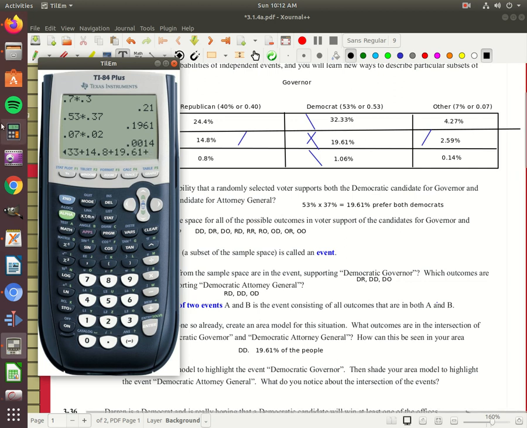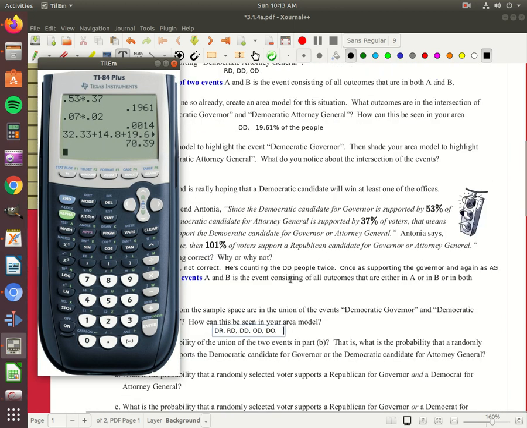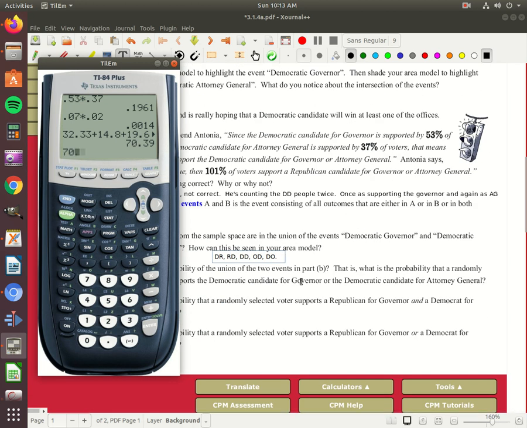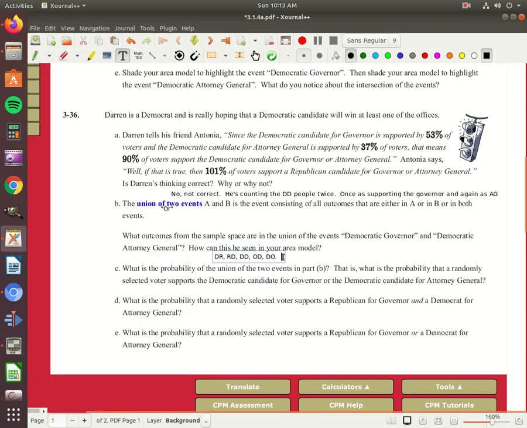Here there's 2.59. And here there's 1.06. And if I add those together, you get 70.39%. So there's actually 70.39% of one or the other, right?